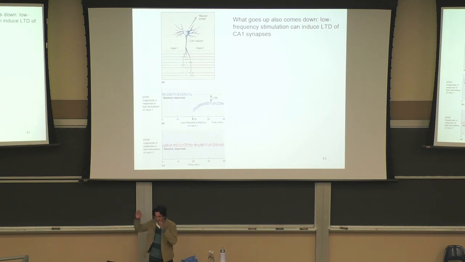and then this slide is just showing that in LTD you also have the same effect, where if you cause the LTD protocol on one input, the other input does not automatically get LTD, but it stays where it was. So both the LTP and LTD are specific to the pathway in which the stimulation happened.